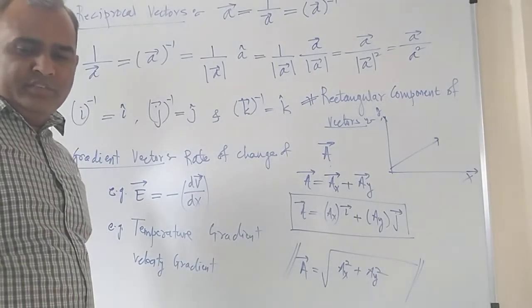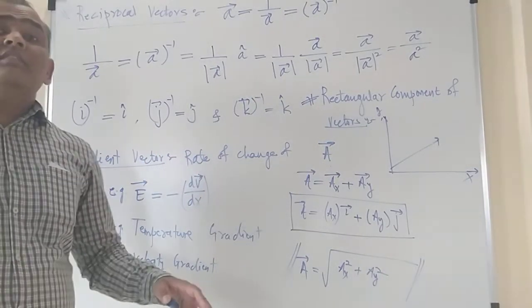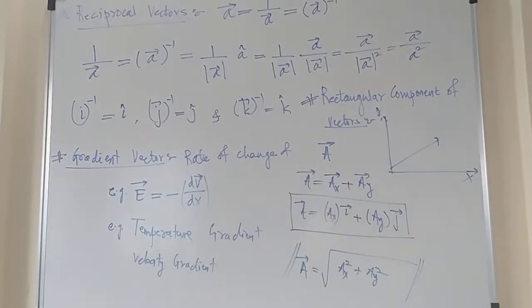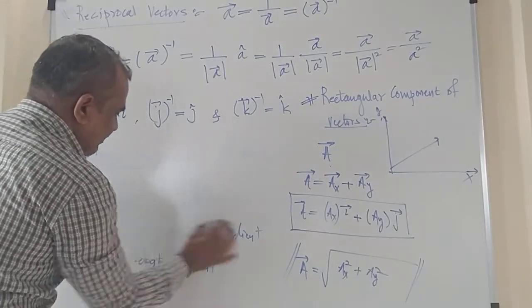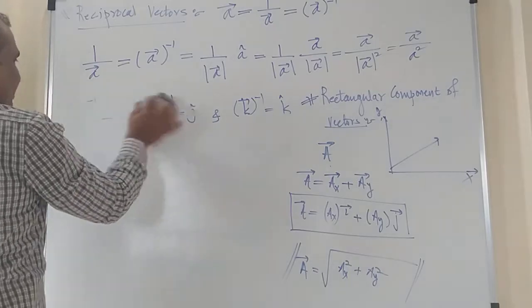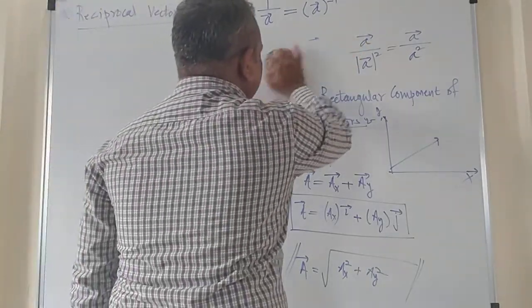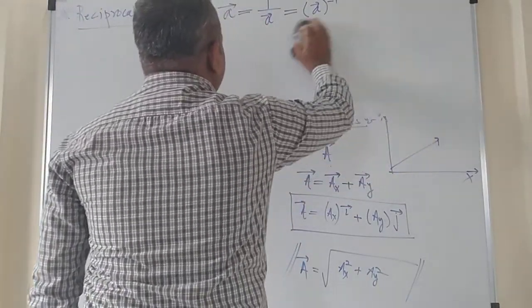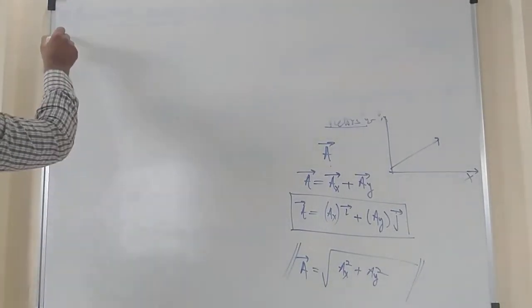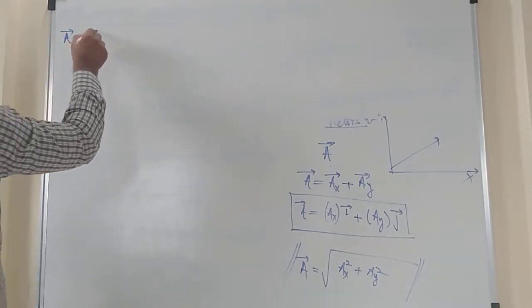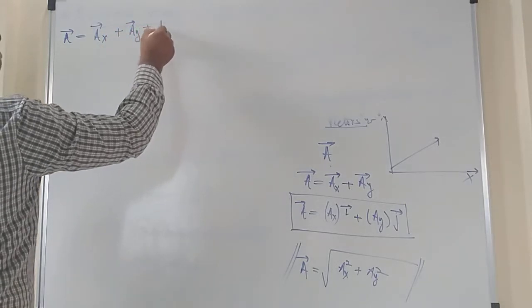Got it? You can write the same thing in three-dimensional space. In order to write in three-dimensional space, just write the given vector a bar along three directions: x, y and z. Let a bar be the vector whose three components are ax bar plus ay bar plus az bar.